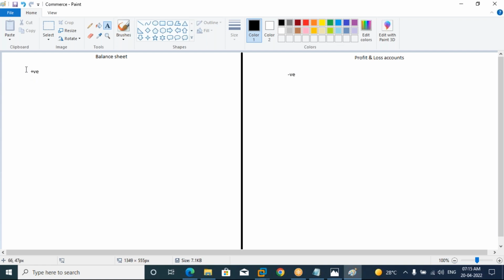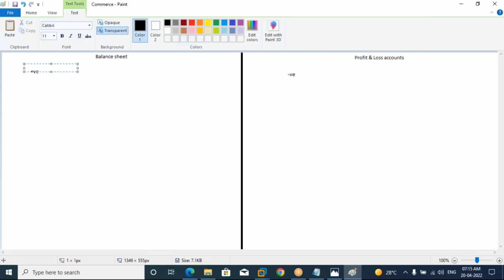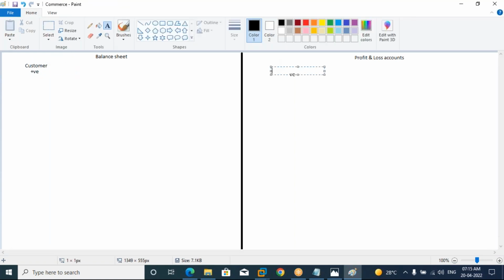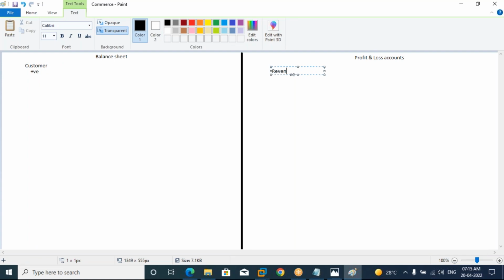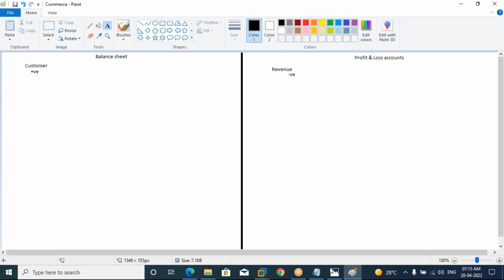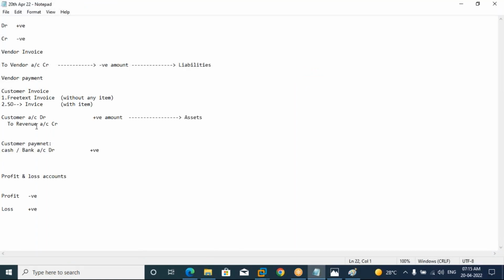That is the reason I have entered the customer account positive. Then here, revenue account negative. Look at this one.